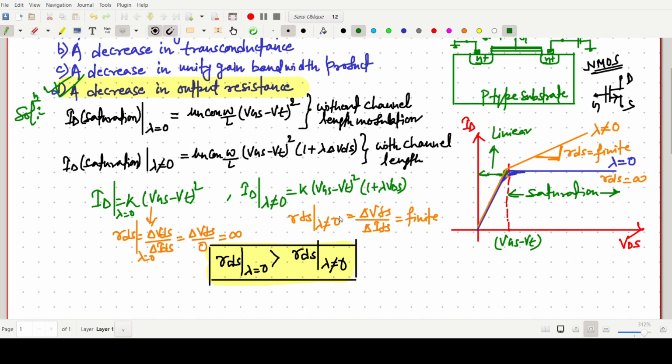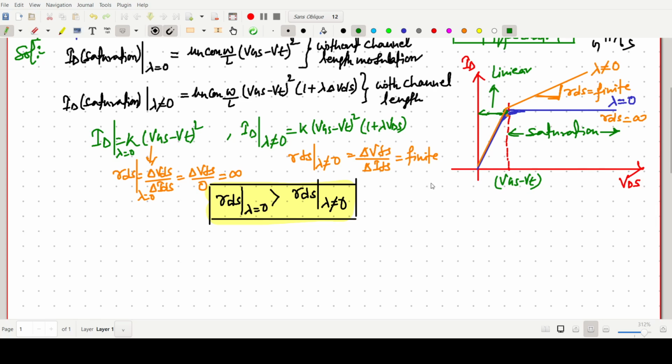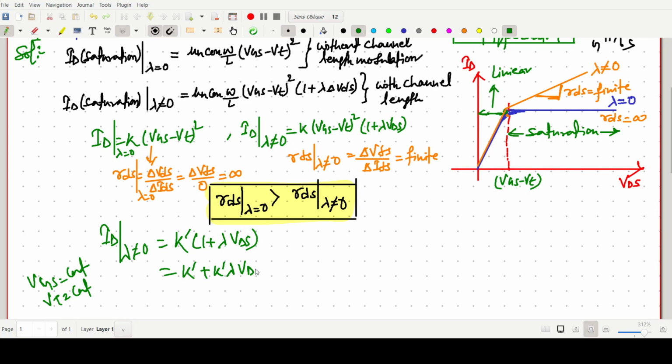In other words, we can also draw this one. Suppose ID for lambda not equals to 0 is some more factor, say k dash times 1 plus lambda VDS, where k dash is some constant by keeping VGS and VT constant. So I am writing k dash plus k dash lambda VDS.